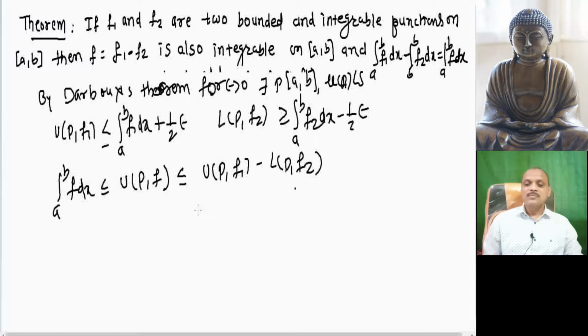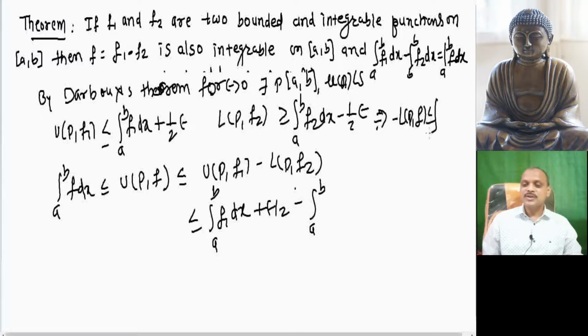But this is less than or equal to the integration of f1 from a to b plus 1 by 2 epsilon minus the integration from a to b, right? Here minus L(P, f2) is less than or equal to, this implies that minus L(P, f2) is less than or equal to the integration of f2 plus 1 by 2 epsilon, right?